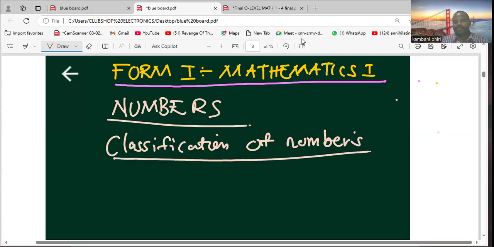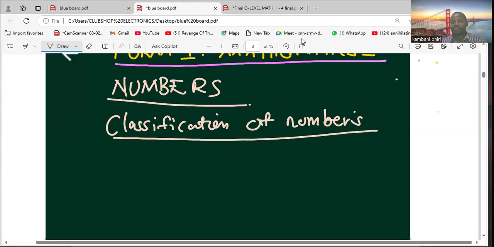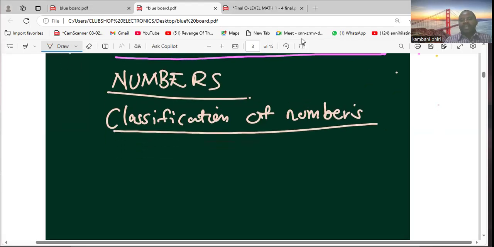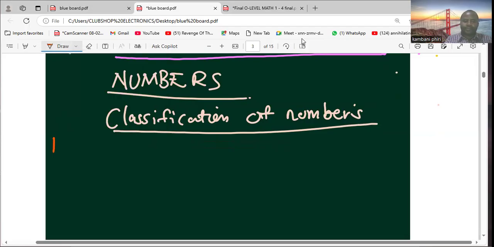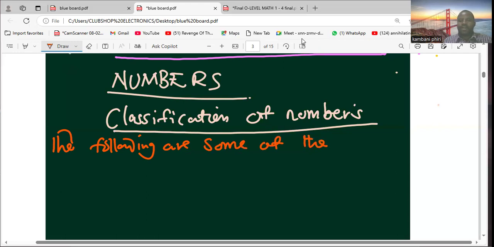Numbers are classified in so many different ways, all right? Such as, we're saying the following: some of the numbers that we need to deal with.